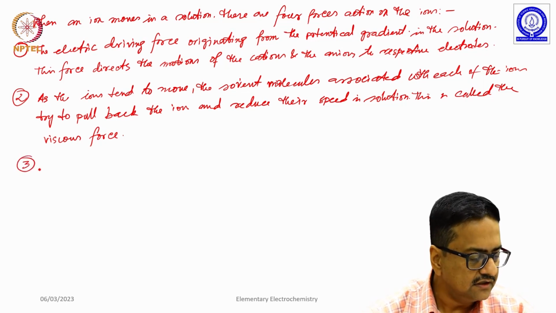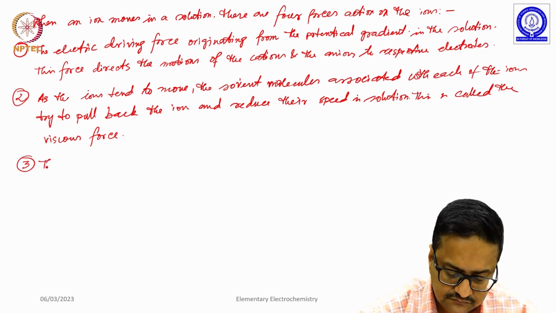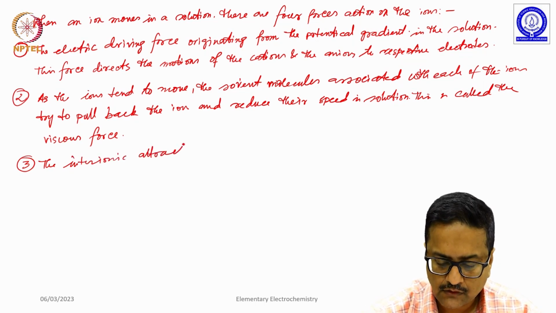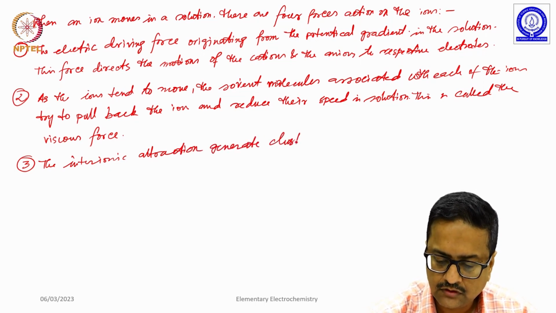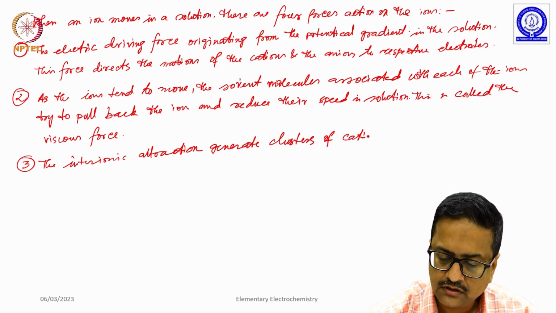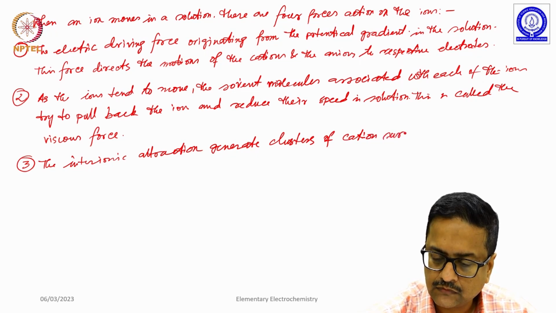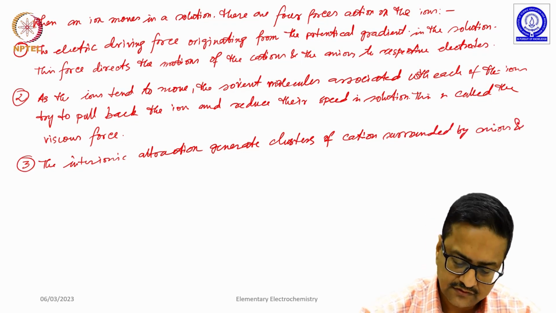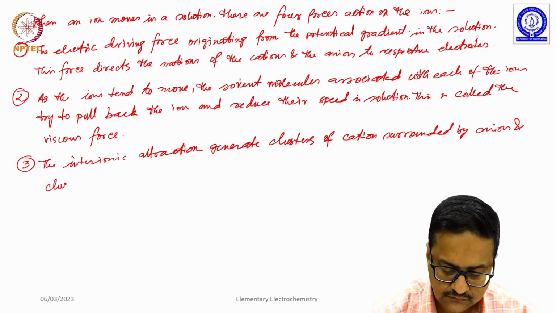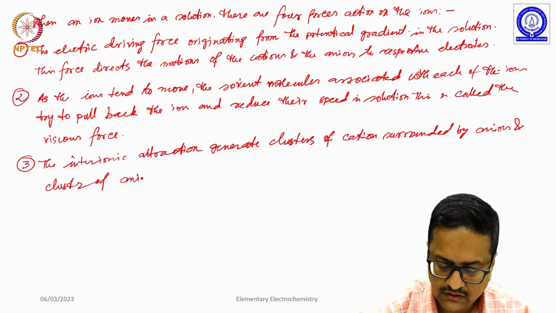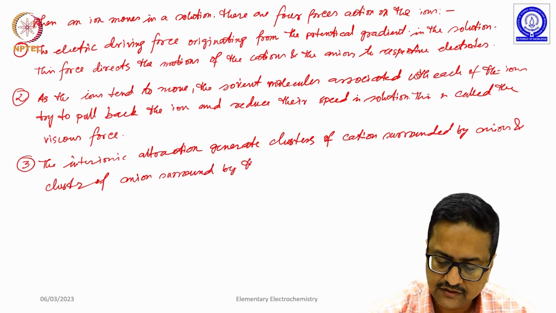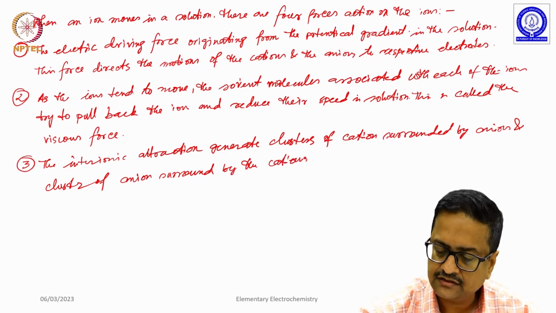Number 3 is that the interionic attractions generate clusters of cation surrounded by anions and clusters of anion surrounded by the cations in solution.